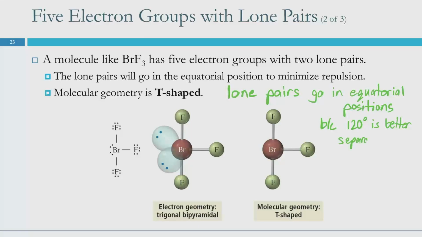It's better separation than 90 degrees. So we've got 2 of these groups, and they're going in the equatorial positions. Again, this is to minimize their repulsions, and so the molecular geometry is T-shaped.